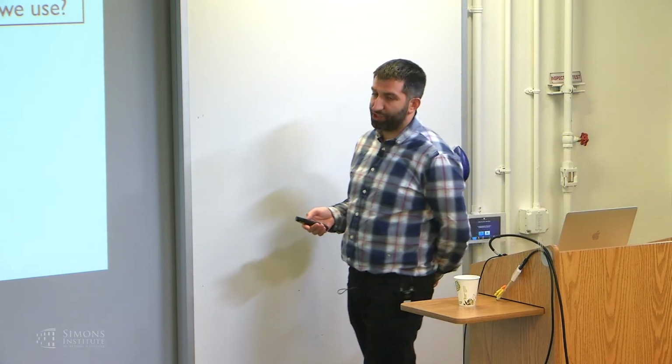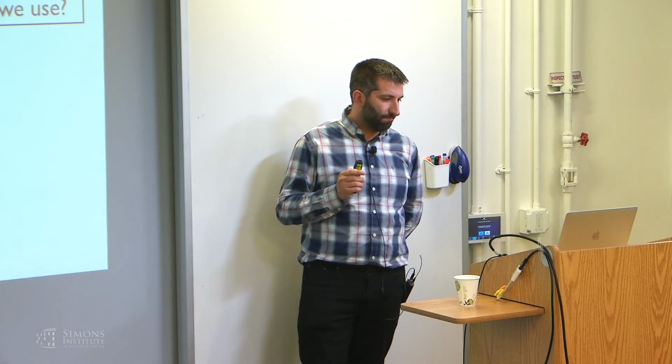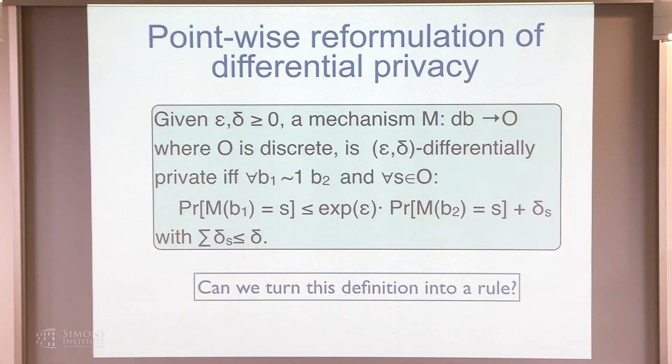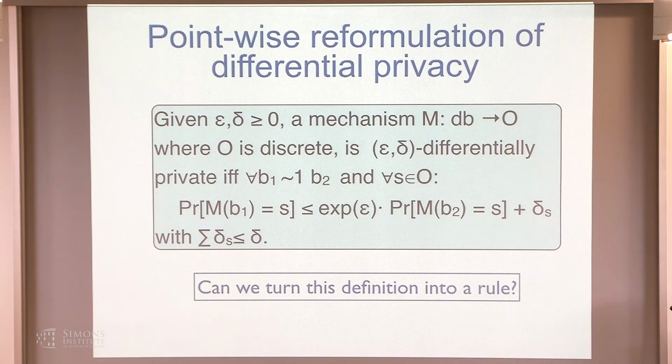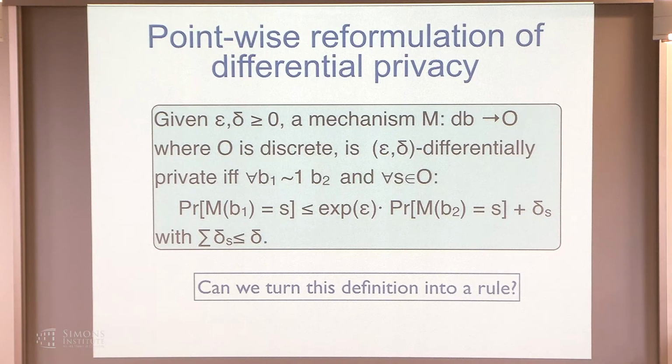Now, what strategy shall we use? Here we use something that people use a lot on pen and paper, but for us, we need to make it explicit. This is the definition of pointwise differential privacy, or this reformulation of it. I assume that the output domain is discrete.